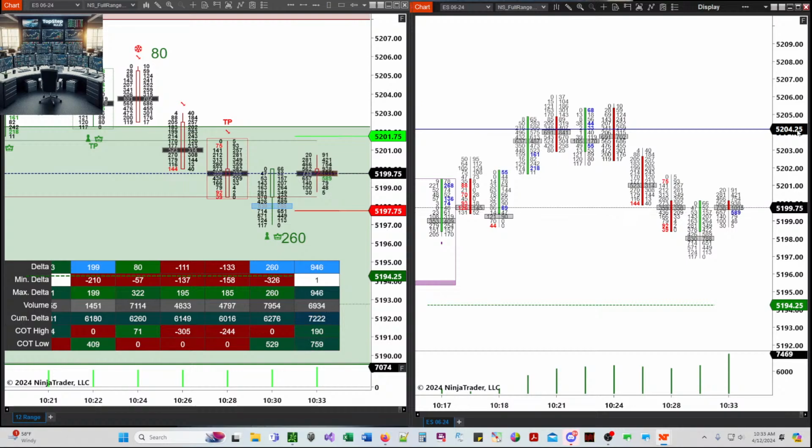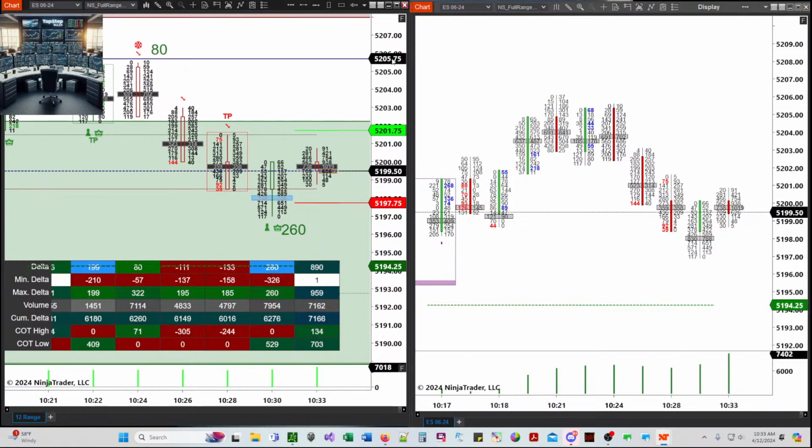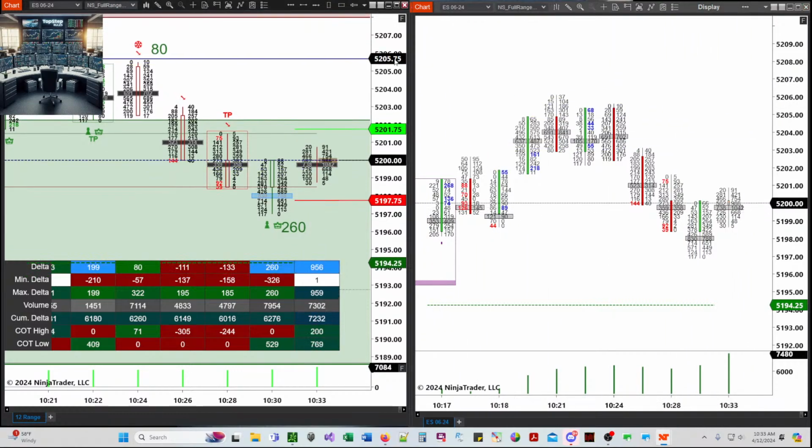Even though the Cume is going up, I'm definitely liking the short side, though. I think I got a couple points out of that last trade, if anything.